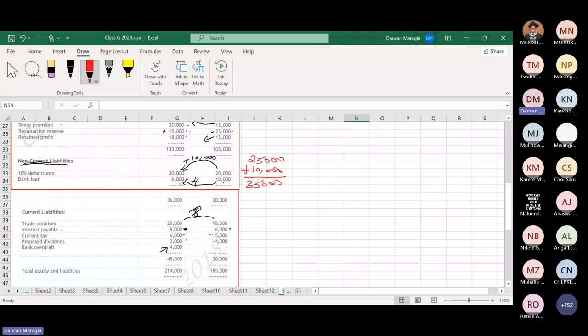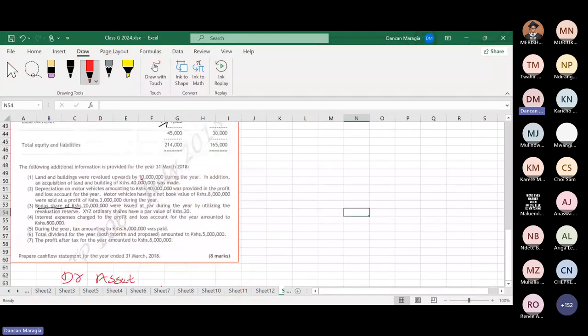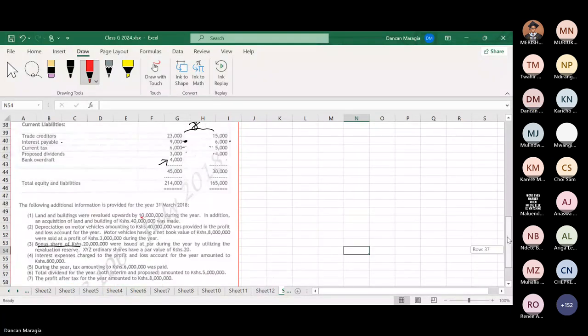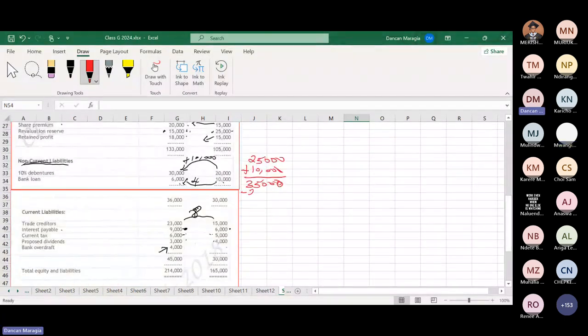But again, we are told in the question, a bonus issue of 20 million was issued at par during the year by utilizing the revaluation reserve. So we transferred 20 million from the revaluation reserve to the ordinary share capital. After increasing the revaluation, we again reduced it by 20 million.